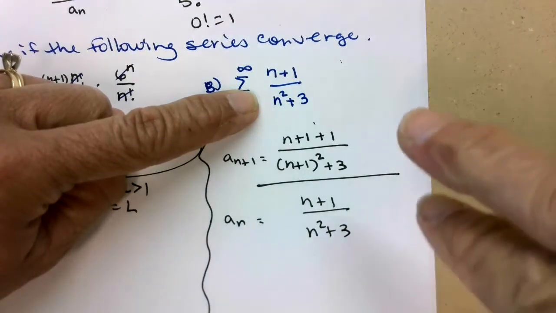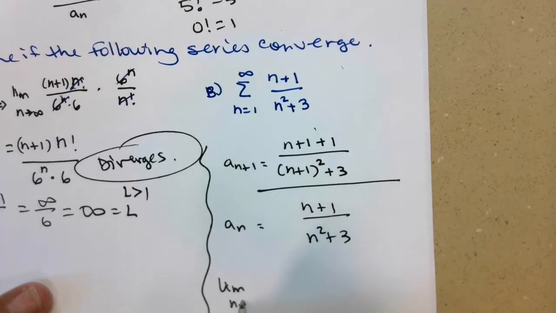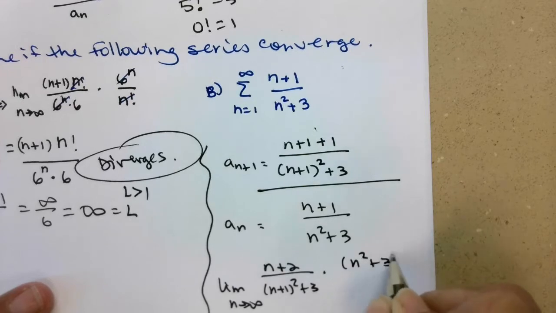So take the bottom, flip and multiply. Now we want to take the limit as n gets big of n plus 2 over n plus 1 squared plus 3 times n squared plus 3 over n plus 1.